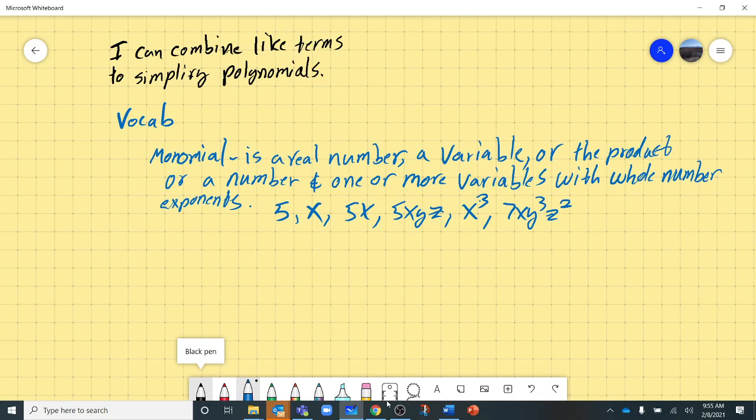The degree of a monomial, that's our next vocab word, degree. The degree of the monomial is the sum of the exponents of the variables.